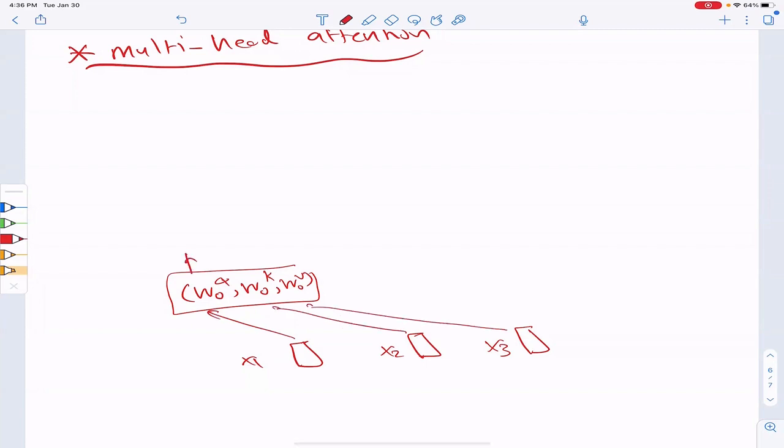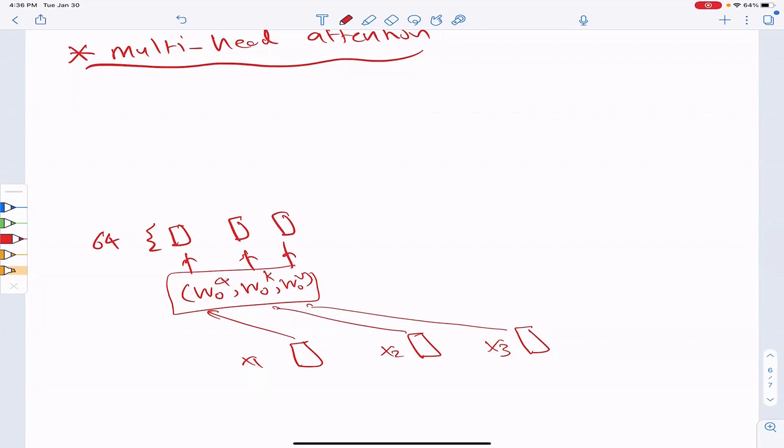My output will be 3 vectors. It's a design choice, but I designed the output to be vectors with length 64.